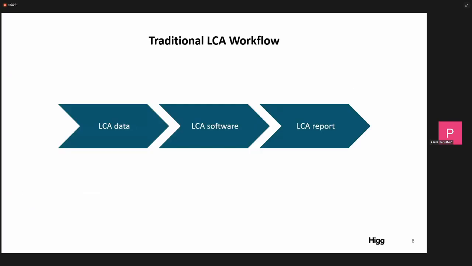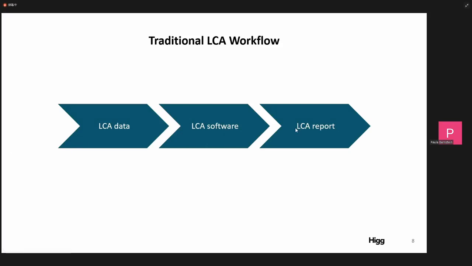So in the traditional LCA workflow, LCA practitioners and consultants conduct LCAs for companies on their products. And often at the end of the project, they deliver a report that outlines the study and the analysis of the environmental impacts of that process or product. To do so, they use a pretty complex and also expensive LCA software, and that contains an LCA database.